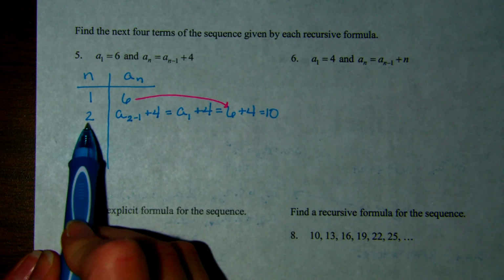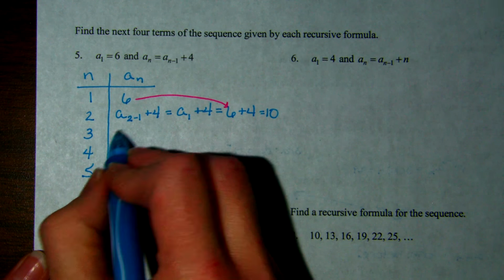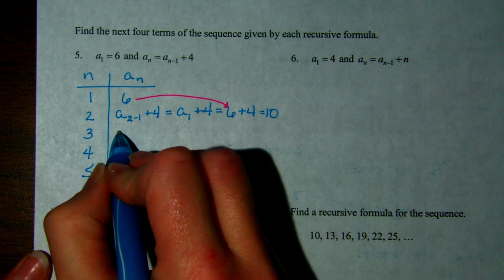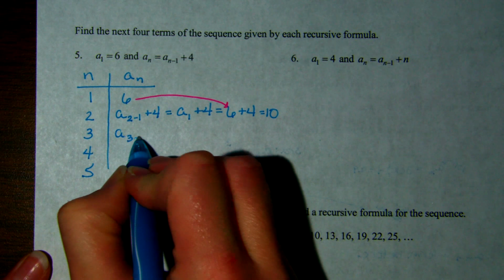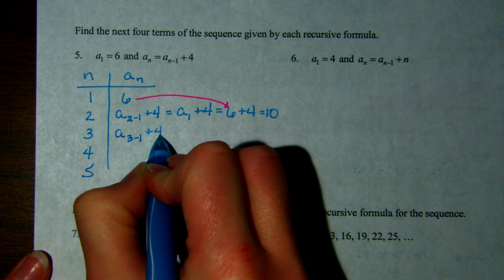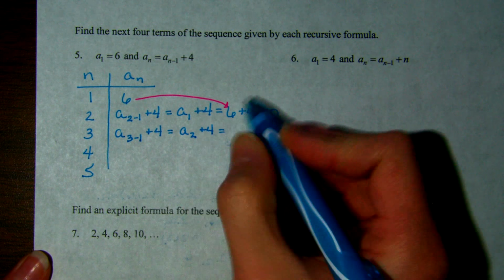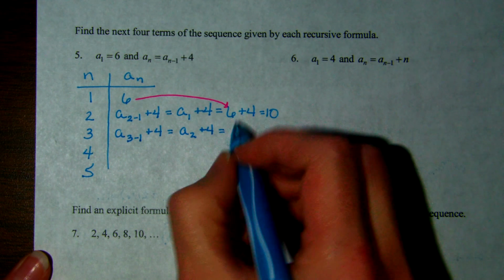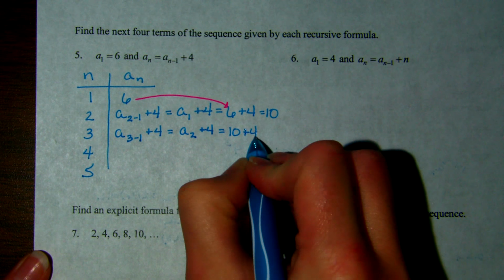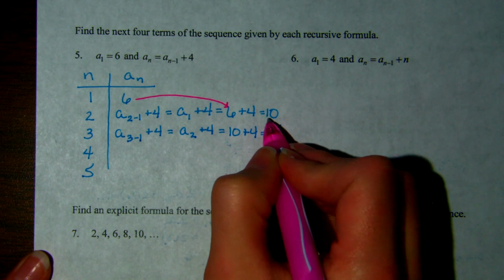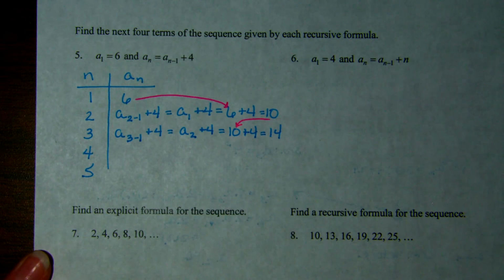This is a sub 2, my second position in line. My third position is a sub 3 minus 1 plus 4, and that's a sub 2 plus 4. So we grab a sub 2, which is 10, and we add 4, that's 14. Again, that's a whole bunch of fancy notation to say grab that previous term and add 4 to it.